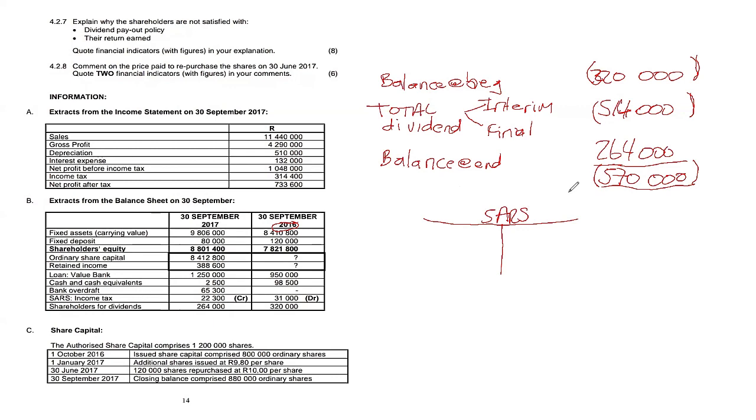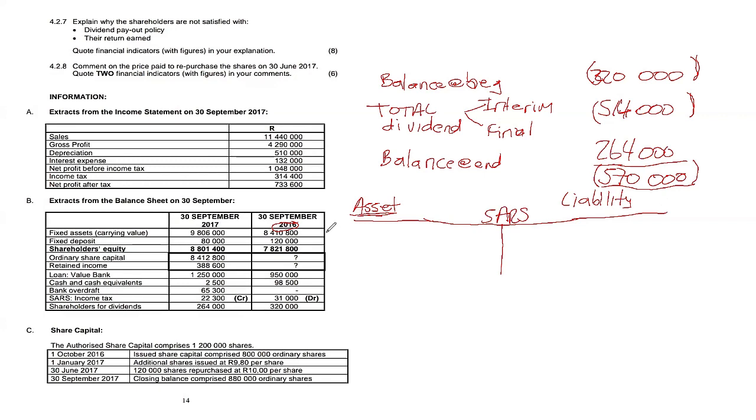Remember, the credit side stands for liabilities. So on the credit side, you will record all your liabilities that affect your SARS income tax. However, on the debit side, you record assets. So every time you pay SARS, SARS will decrease on the debit side, meaning bank.